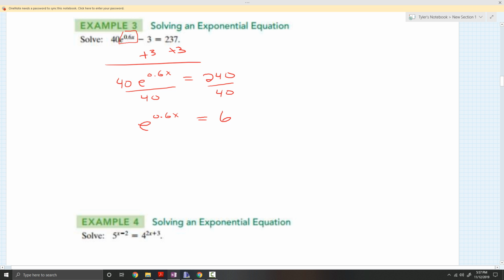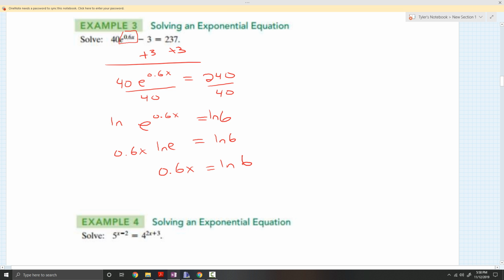So now is where I could take the natural log of both sides. Then what I end up getting is 0.6x times the natural log of e equals the natural log of 6, right? But you should note that the natural log of e is just 1. So this would just be 0.6x equals the natural log of 6.